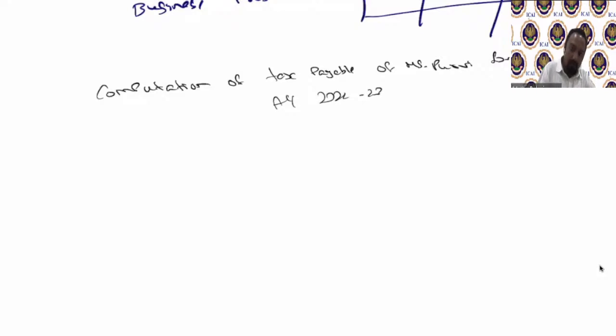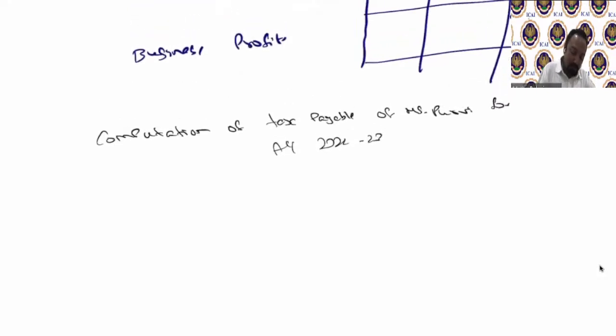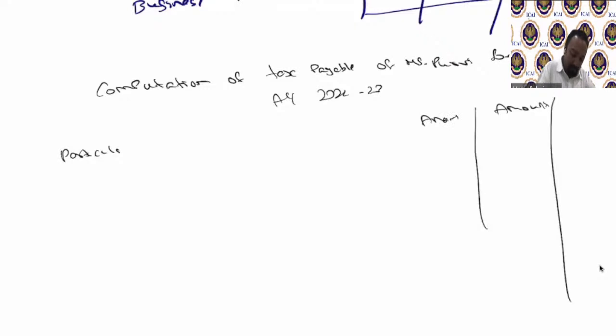So now what this provision says is, again I'll have to have particulars. I'll have two amount columns if required. So typically, first I'll have to calculate tax.